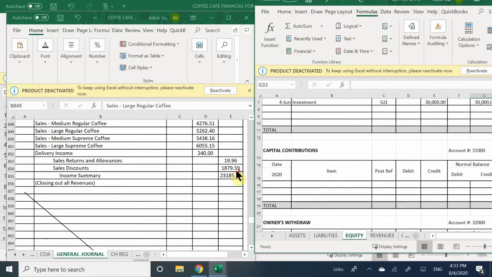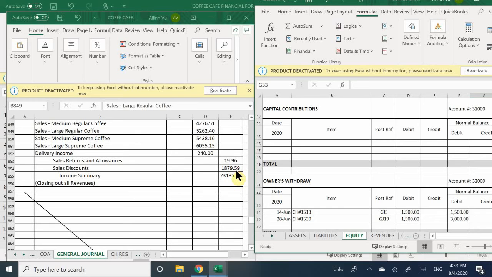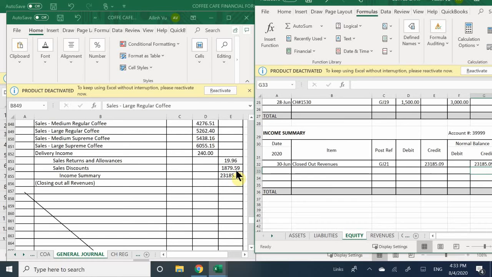I validated that, yes, I've already made the entry that I'm closing out my revenues. And by closing out my revenues, I currently have a credit balance of $23,185. Okay, so that is where I currently left off.